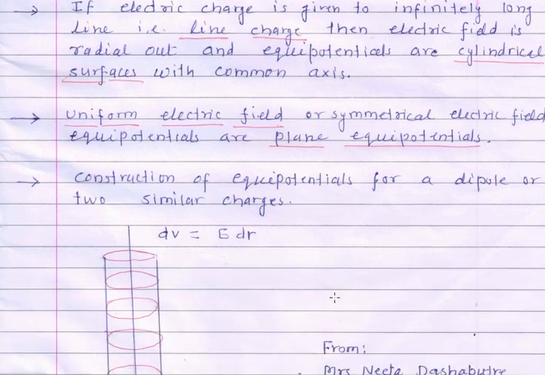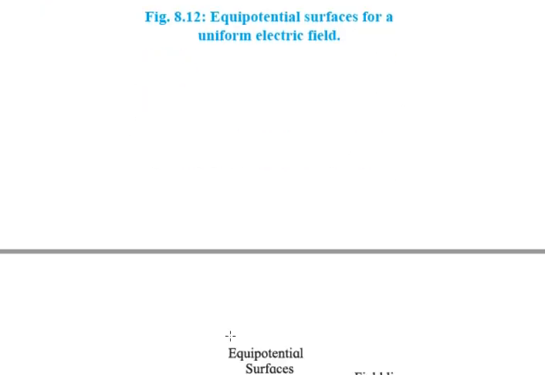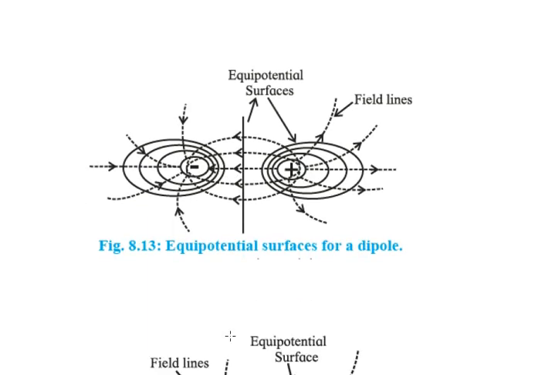Now, construction of equipotentials for a dipole or two similar charges. Now see this diagram from your textbook. This is a dipole, negative charge and positive charge, right?